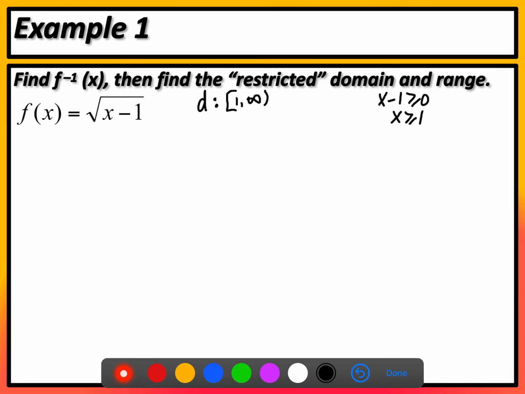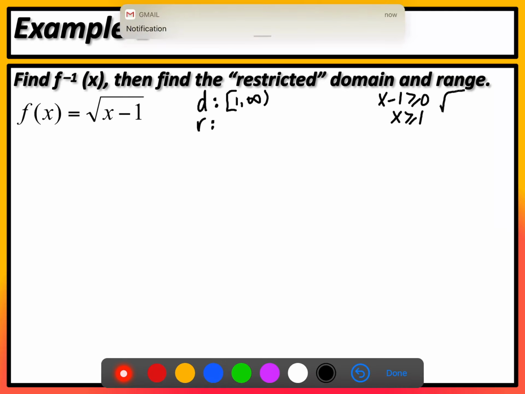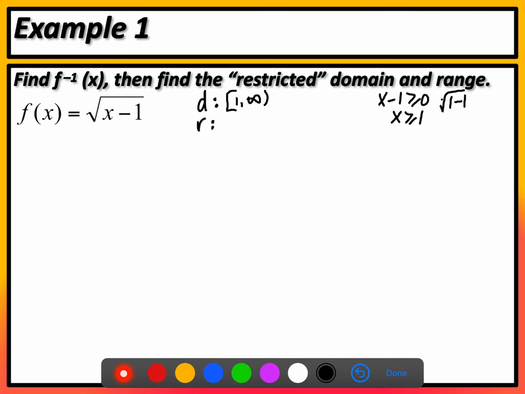Okay, and then in the range of a square root function, we take that domain value and plug it into the function. That gives us the value for our range. Okay, so my range is 0 to infinity, because this is a positive square root.